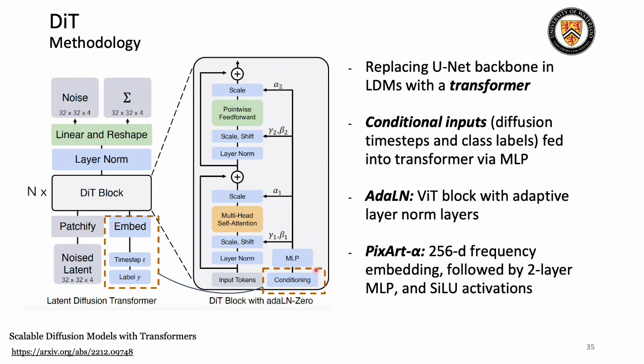The conditional inputs such as the diffusion time steps and class labels are incorporated into the transformer via a MLP. The adaptation of the VIT blocks, or vision transformer blocks, equipped with the adaptive layer norm layers, ensures flexible normalization. So furthermore, the integration of PixArt Alpha with this architecture utilizes a 256D frequency embedding, followed by a two-layer MLP.